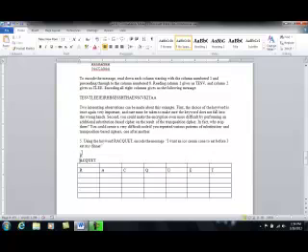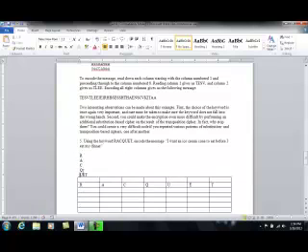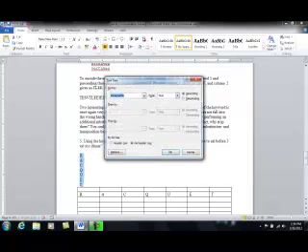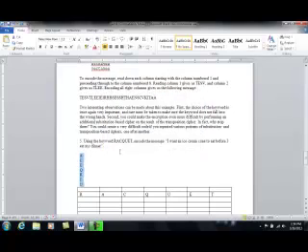I have to do it by the whole column. Okay, let's sort this guy. Okay, so A is 1, C is 2, E is 3, Q is 4, R is 5, T is 6, and U is 7.